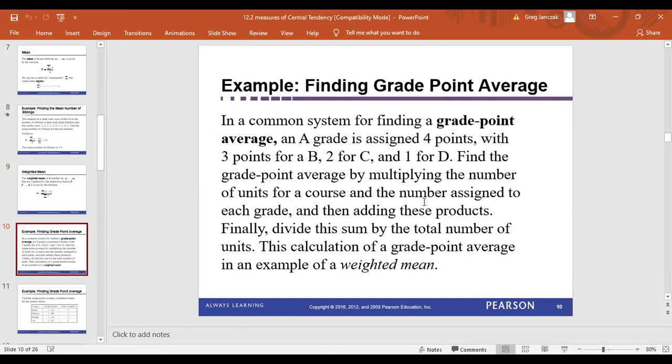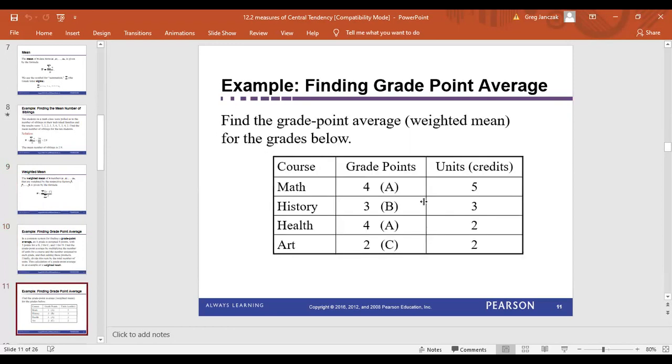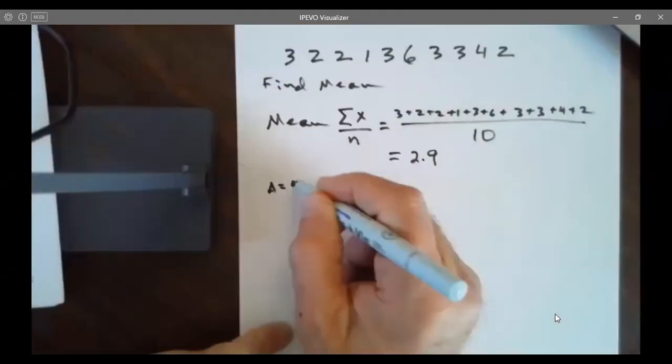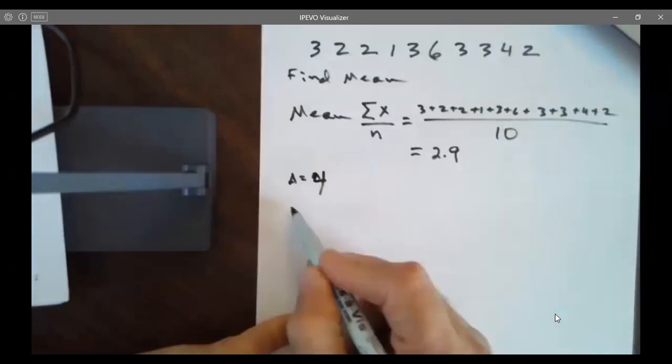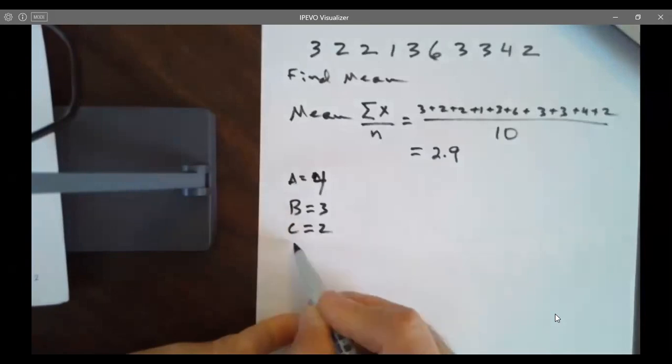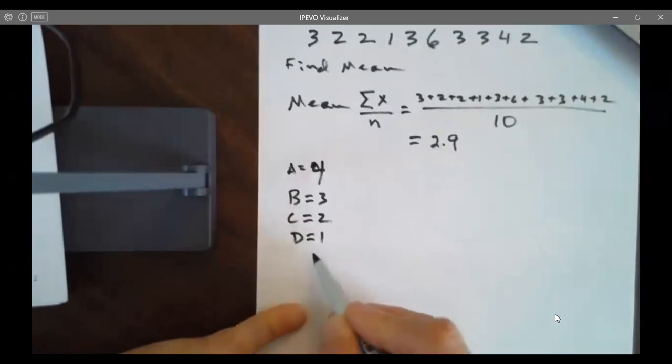So if we look at that on our paper, A is 4 points, B is 3 points, C is 2, D is considered 1 point, F doesn't count as anything.